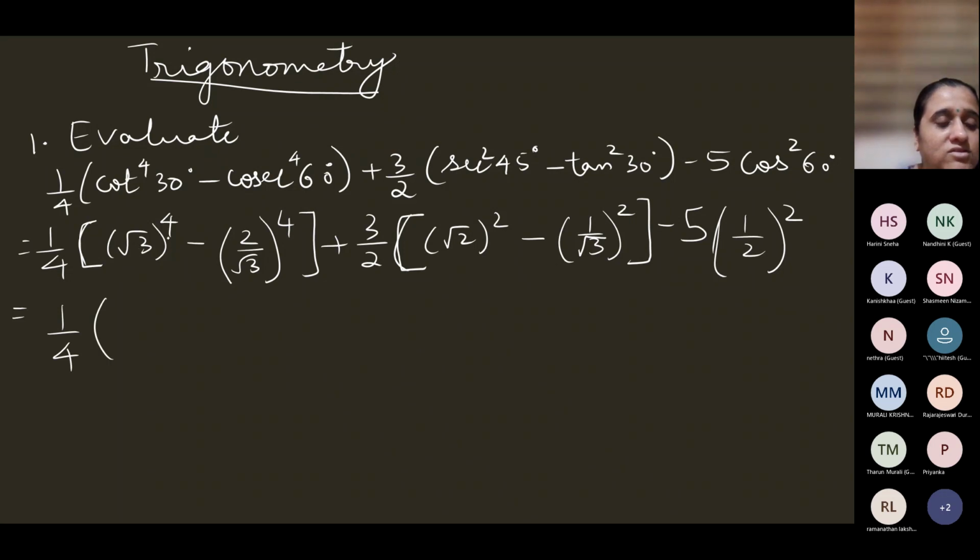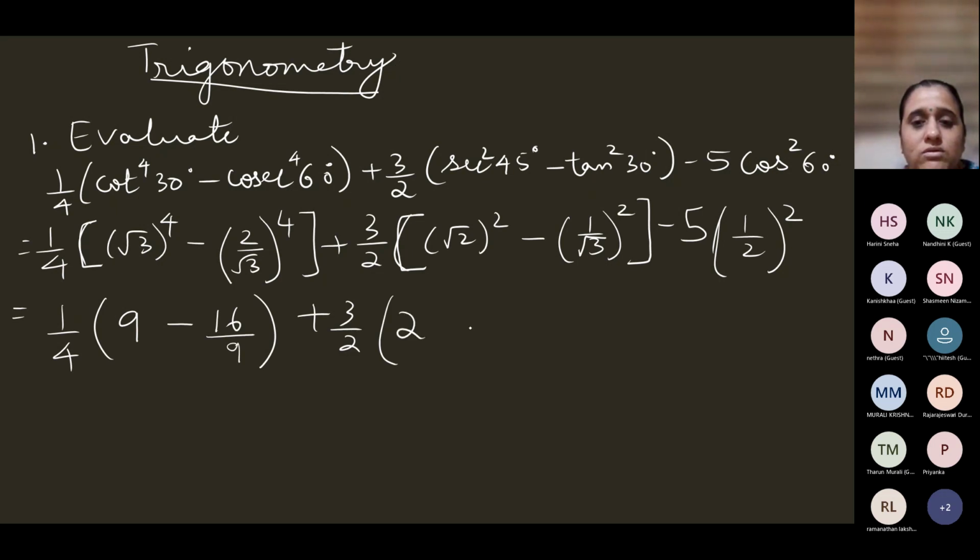And in the bracket, what's the value of root 3 to the power 4? 9. Root 3 into root 3 is 3, another root 3 into root 3 is 3, 3 3s are 9. Minus 16 by 9, plus 3 by 2 into 2, root 2 square, root 2 into root 2, 2, minus 1 by 3, minus 5 into 1 by 4.